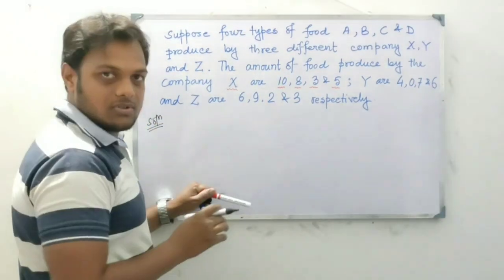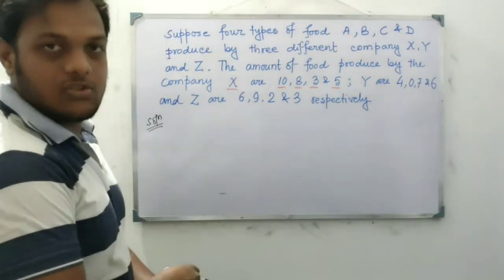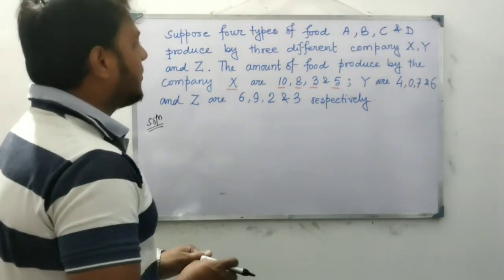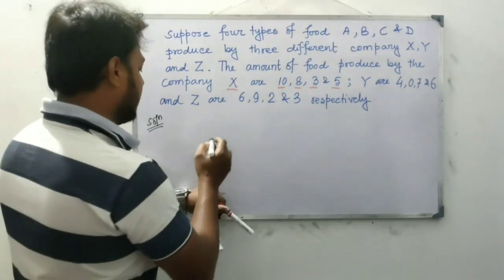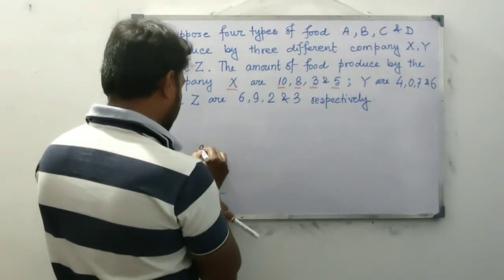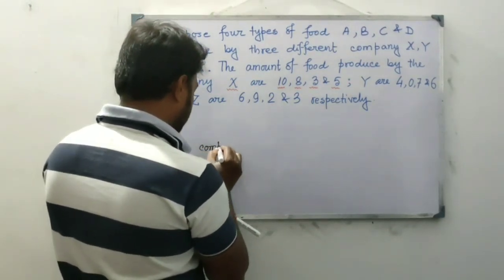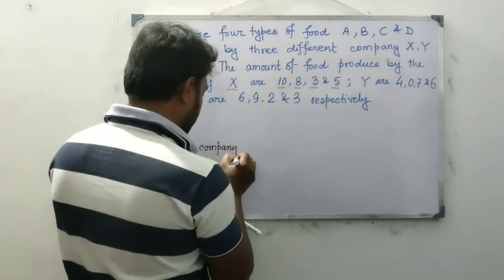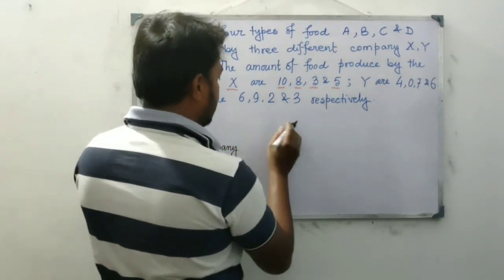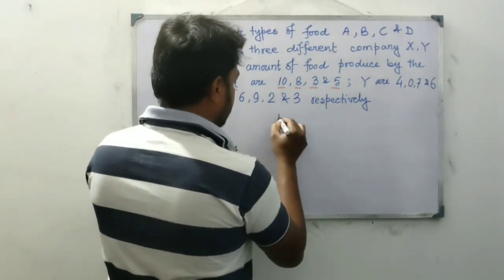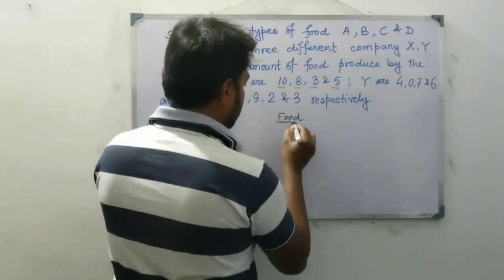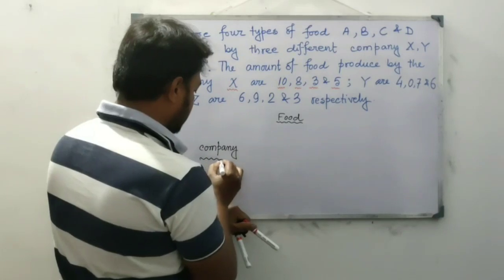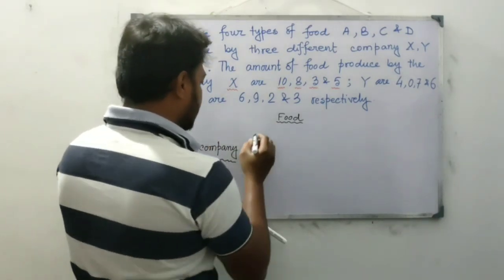This is not exactly a solution, this is actually an arrangement. How many types of foods are there? Here foods A, B, C, D are there, and 3 different companies. I am writing company here, and suppose this is for foods. How many companies are there?